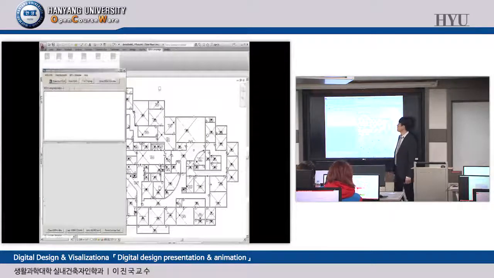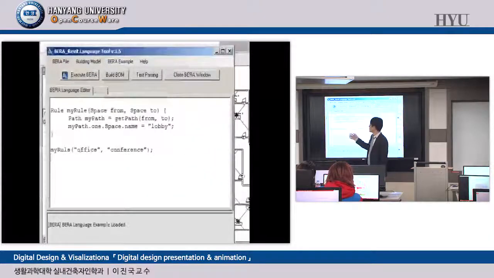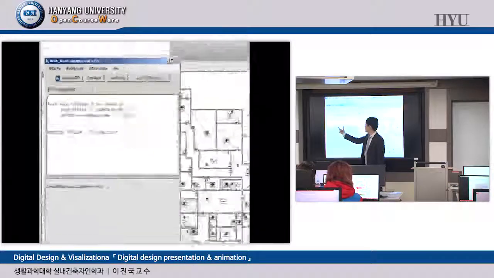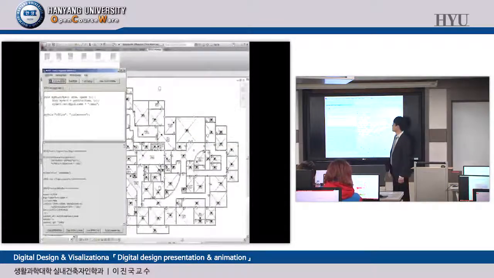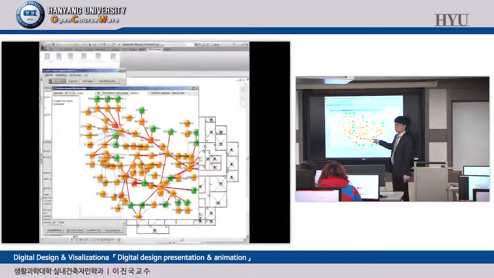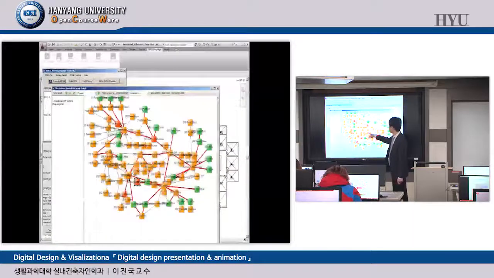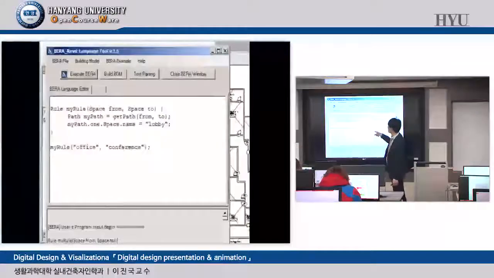And we can conduct some type of demonstration of circulation analysis. Simply get the circulation path between office and conference. So this plan can be regenerated by this topological graph. Okay, the red space is office and lab. Sorry, not lab. That's conference.